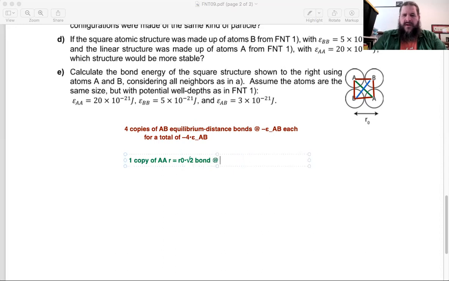And so for the value there, it's going to be somewhat weaker than epsilon. So how could we get a value for that? If we know the distance is √2 times R0, how could we get a value for energy associated with that? Yeah, you could use the equation for energy.